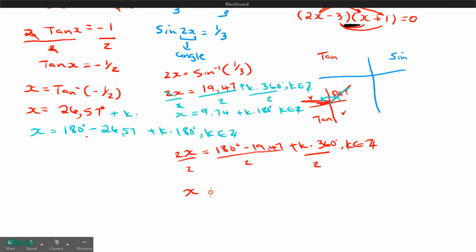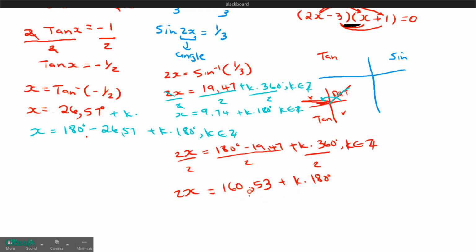We get x is equal to 180 minus 19,47, which is 160,53, plus k times 180 degrees.